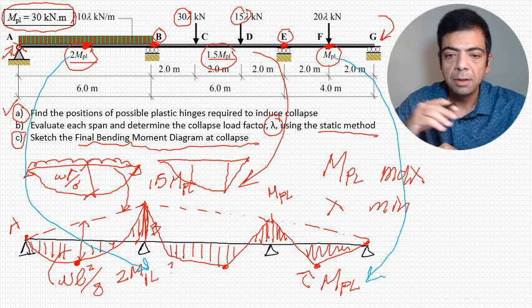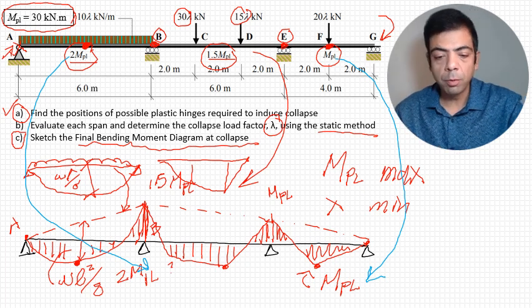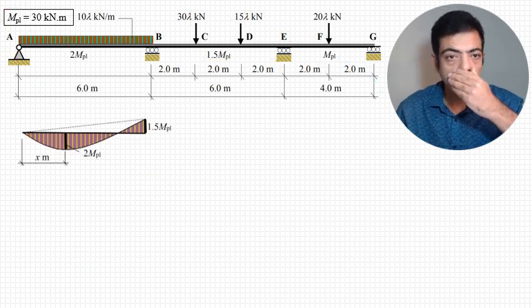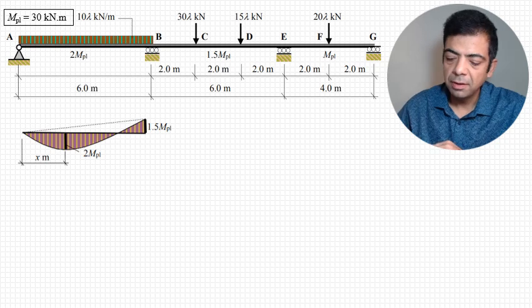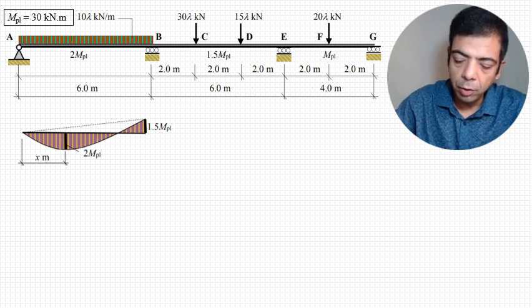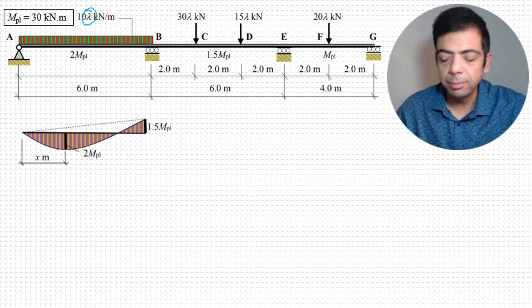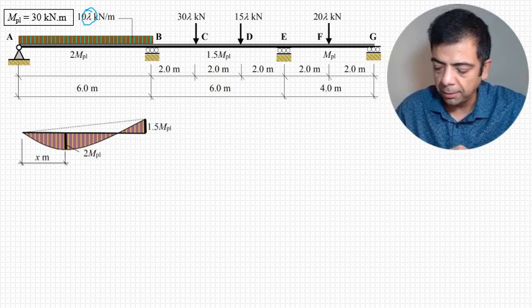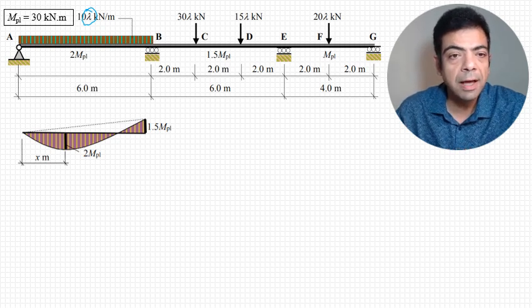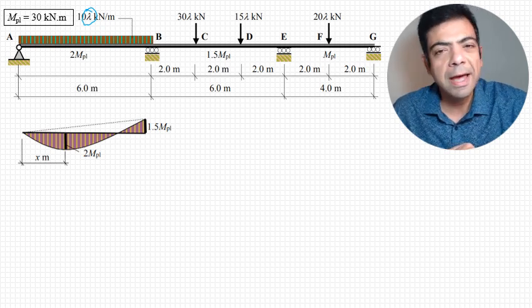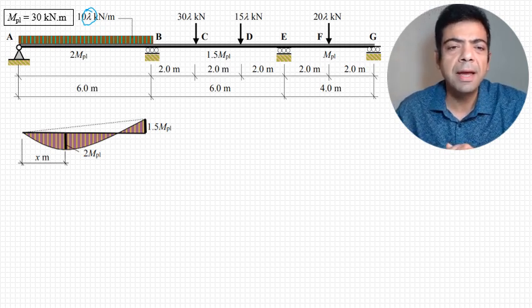Okay, so if we move forward, we need to calculate the load factor lambda from each span, and that will be the answer for part B. How do we evaluate using the static method, span AB?